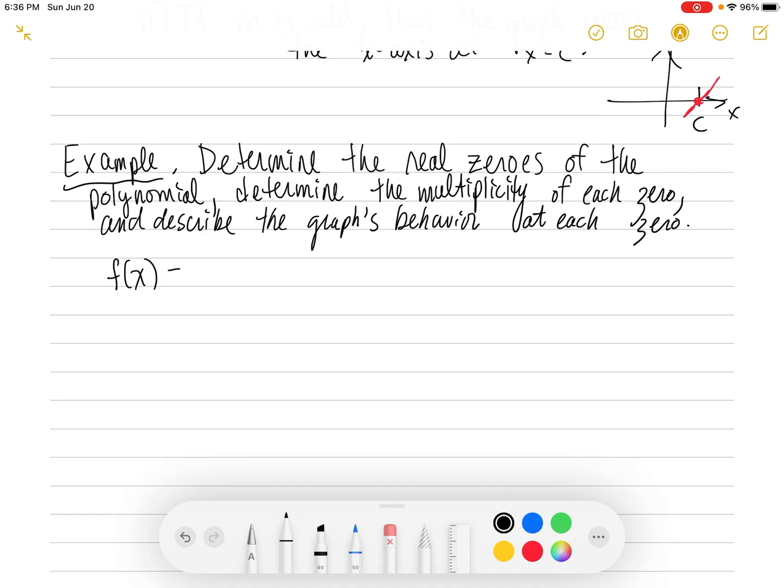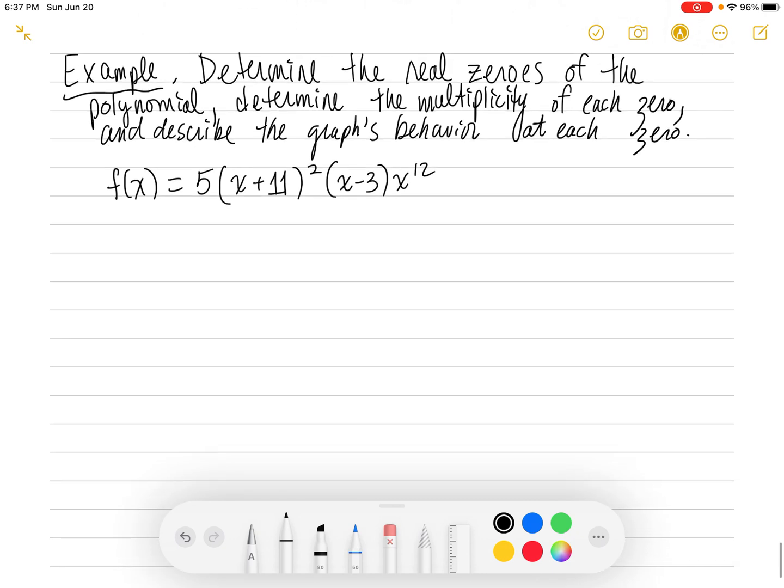So I've got f of x as my polynomial, and let's say it's completely factored: 5 times (x plus 11) to the second power times (x minus 3) times x to the 12th.